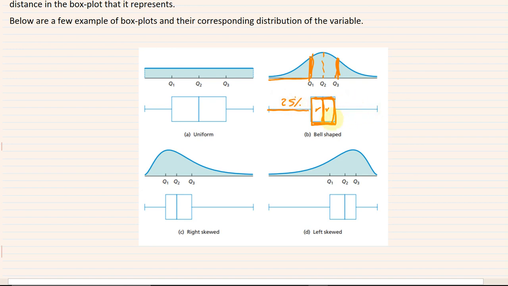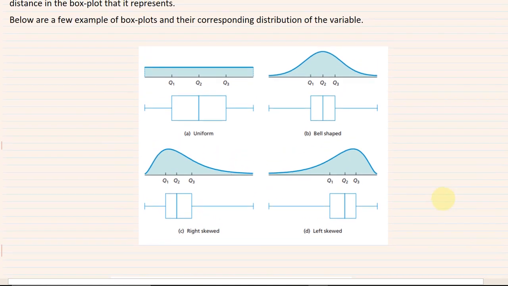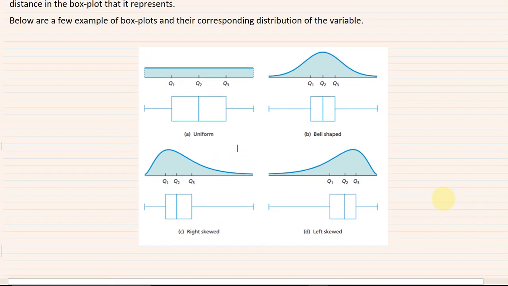Now, try to keep this box plot in mind as we go through future chapters. A lot of our procedures assume that we have a distribution of a variable that is normal. So if that is the case, then our box plot should look like the one for the bell-shaped. And then we get into these skewed distributions. See the longer whisker to the right?